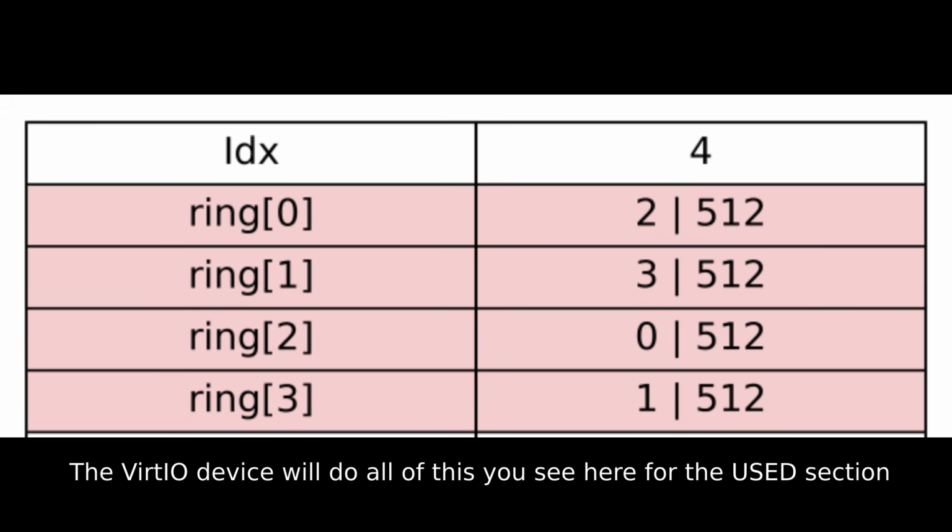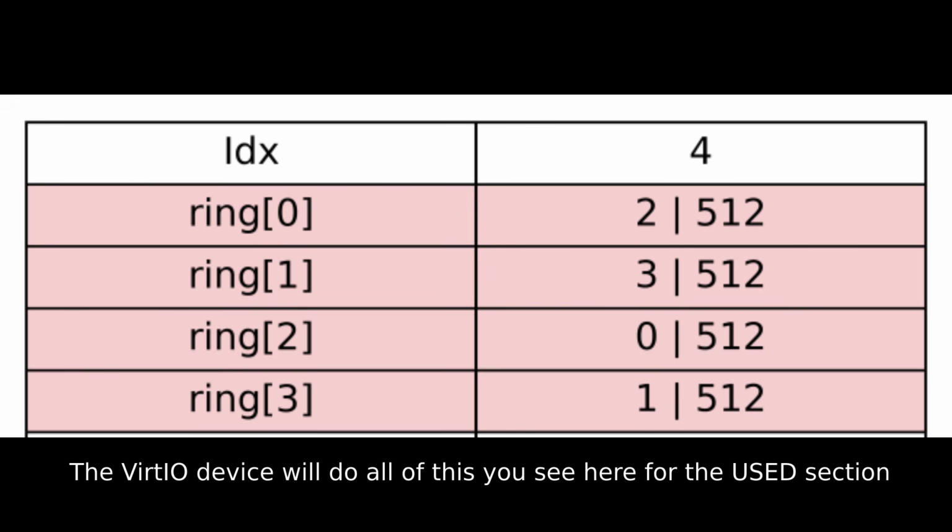Moving on to our used ring, this will work a bit similar, where now instead of the device reading from our avail ring, the device will always write to our used ring. And what the device will write is the descriptor-like array location of what it just processed.